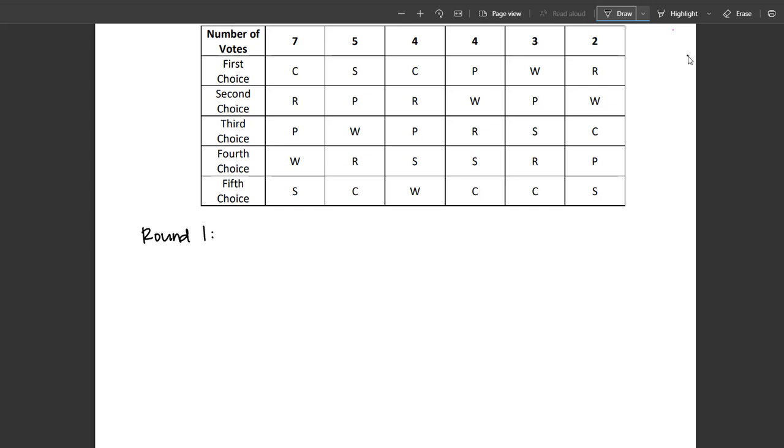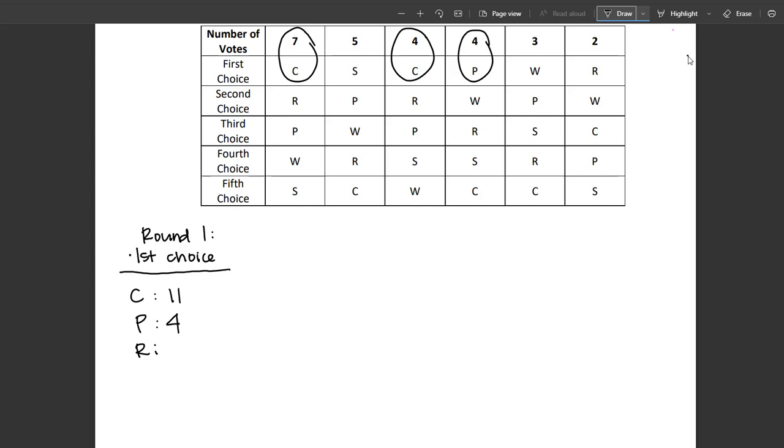All right, so we're going to do this in rounds. The first round, we're looking at the first choice votes. So Cabaret, 7 plus 4 gives us 11. Producers, we have 4. Rent, we have 2.